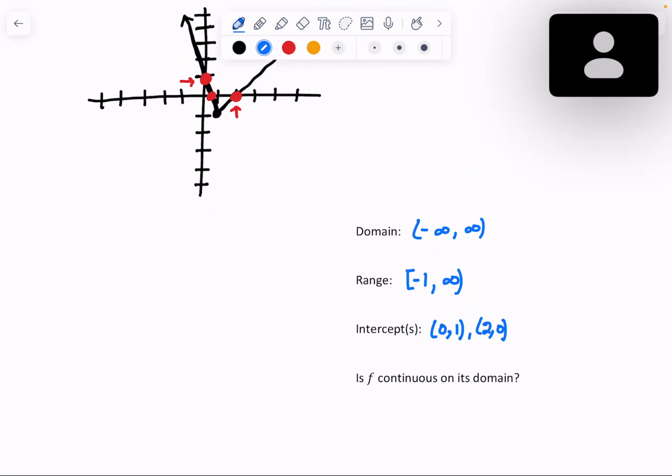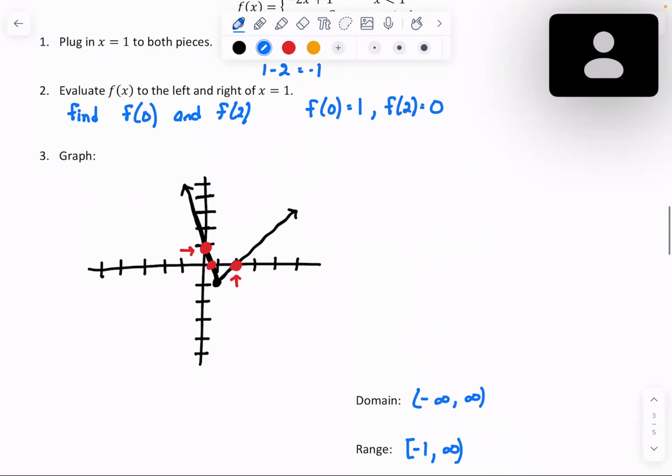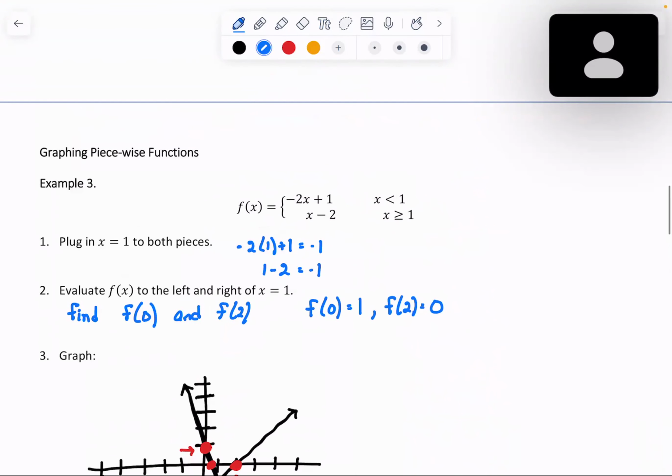So all we have to do is find the third point. So all that is here, this is the left piece, right? So it's looking at this function here. And it's saying, when is that function equal to 0? So if I evaluate that, -2x plus 1 equals 0, and I solve this, I get x is what?